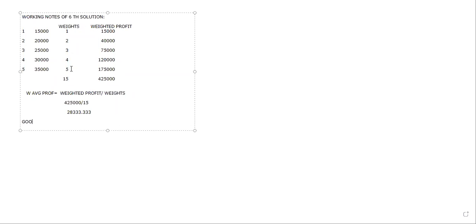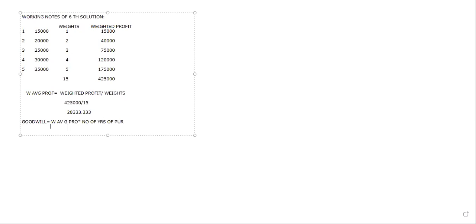Goodwill is equal to weighted average profit into number of years of purchase.